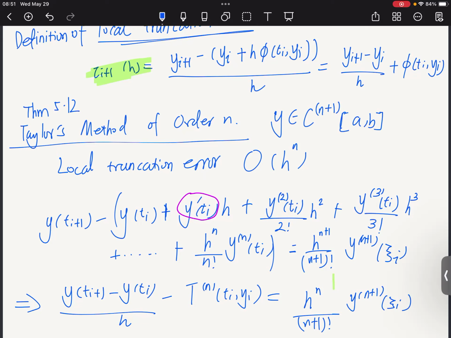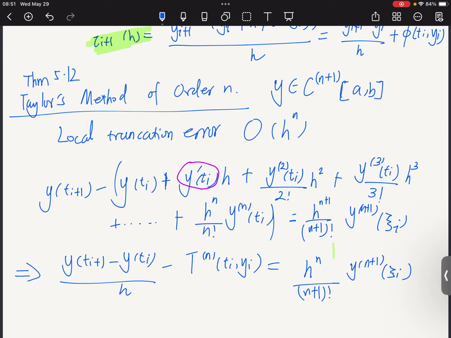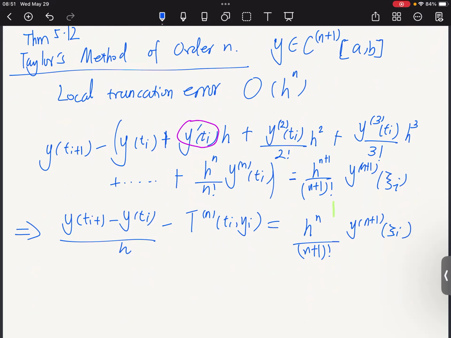Because the (n+1)th derivative is a continuous function, we can expect that this term is bounded. Hence, at the end of the day, the error term tau_(i+1)(h) is O(h^n). And this is the idea to prove it.